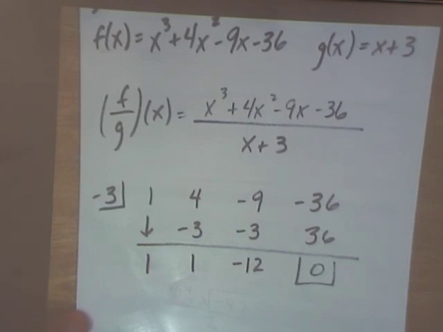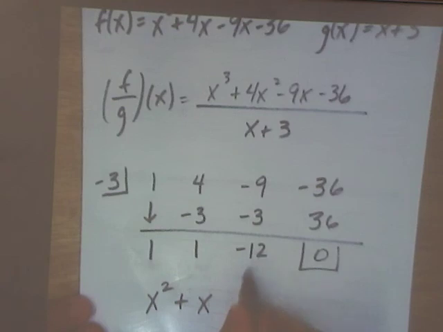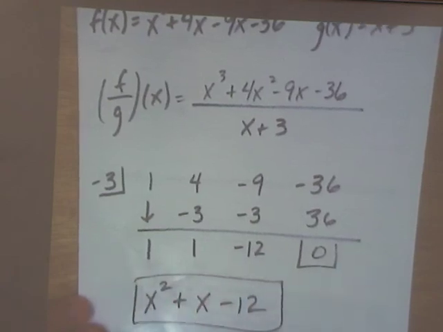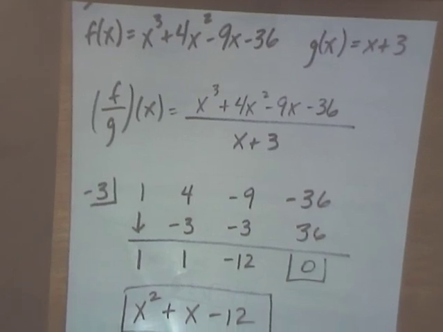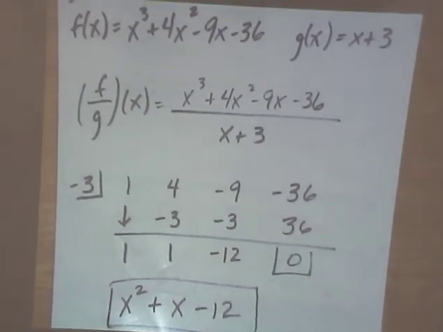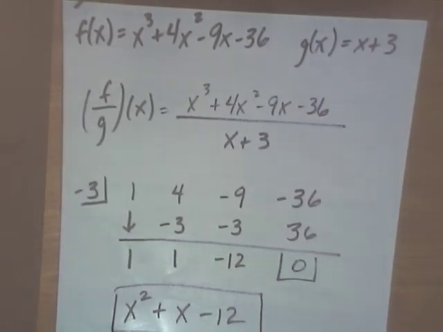So what is the final answer after we divide? 1x squared plus x plus 1x minus 12. Good. Questions on 35? Yes, sir.